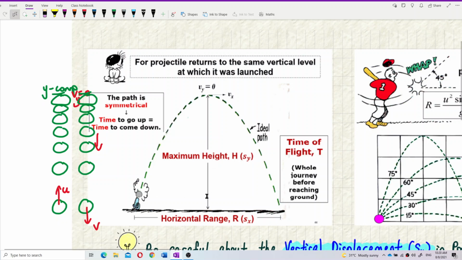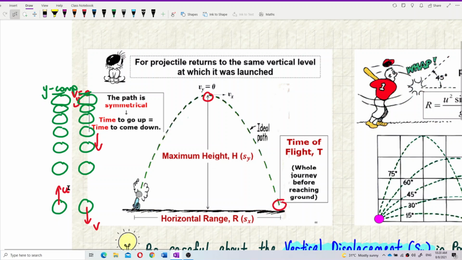As you can see, this projectile motion, left and right, they are symmetrical. So the time for this ball to go up to this point is the same as the time to come down. The time for the ball to go up from here to the maximum height is the same as the time for the ball to come down from the top to the bottom.